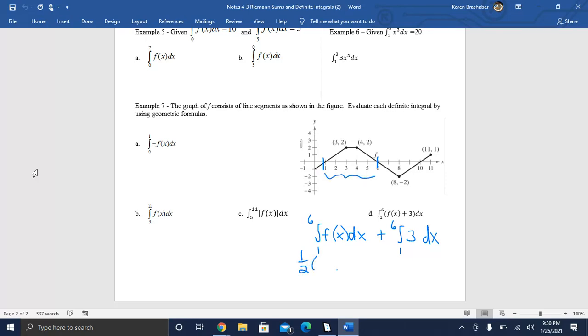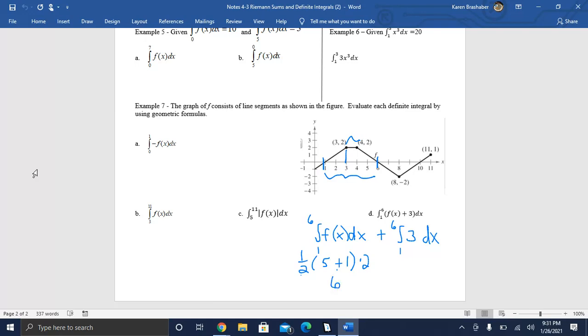So the first base from 1 to 6 would have a length of 5, and then my base that's on top is just from 3 to 4, so that would be a length of 1, and then the height of this trapezoid is 2. So that part of the calculation would be 1/2 times 6 times 2, and that's going to give me a value of 6.